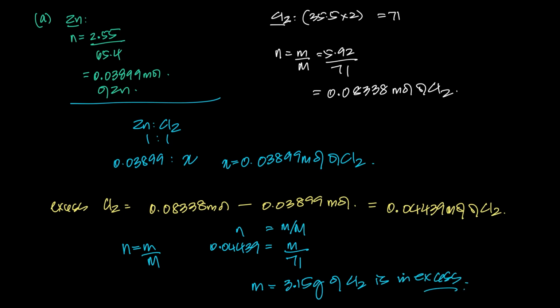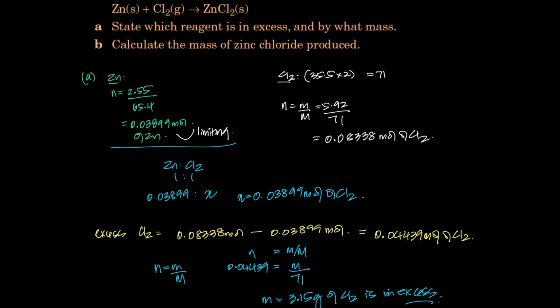But what I care about for the next part of the question is the moles of zinc, because I now know that those are my limiting moles, and what I use for my reaction, because the question is asking how much zinc chloride will be produced. Remember, that's the moles of zinc, and the ratio is 1 to 1. So I've done my step number 1.